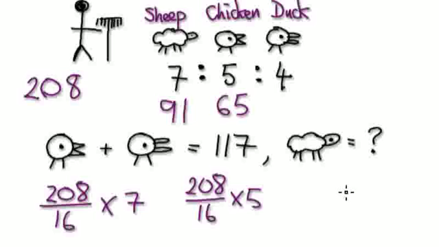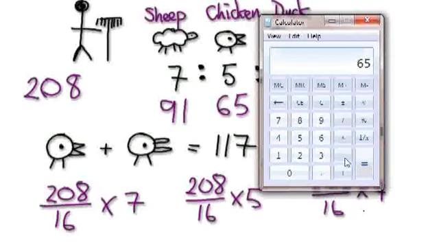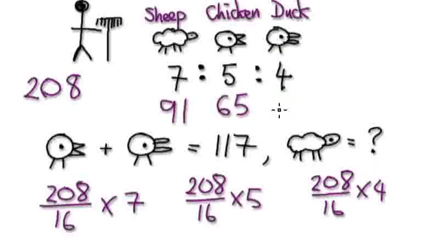If you want to find out the number of ducks, it will be your whole amount cut up into 16 equal pieces, and then take 4 pieces. So 208 divided by 16, and then times 4 equals 52.